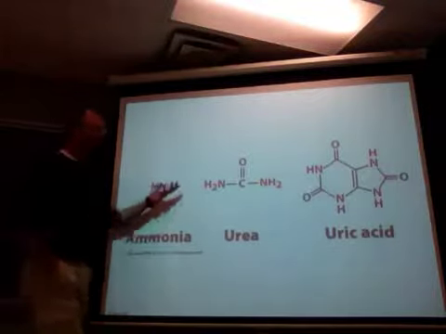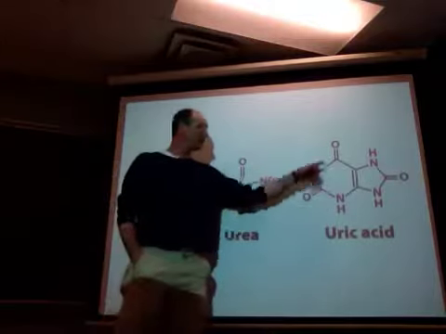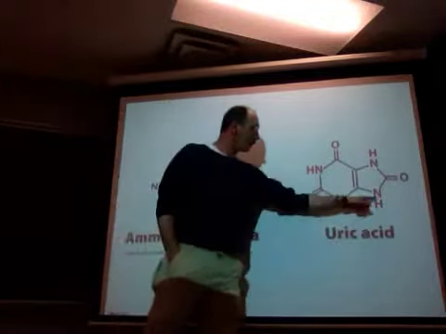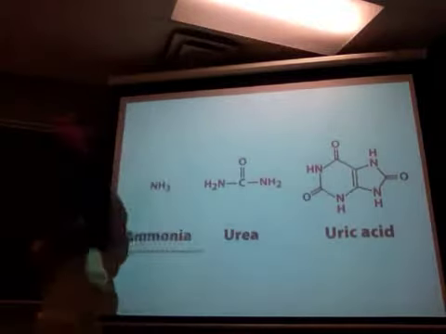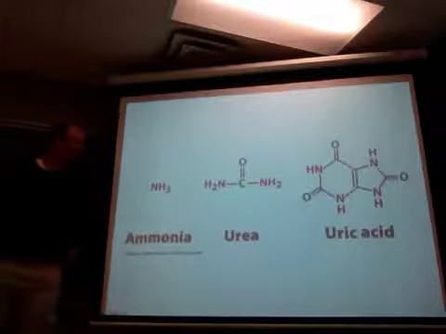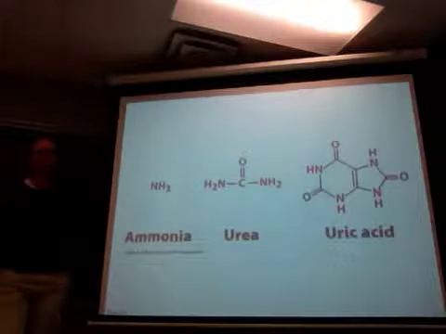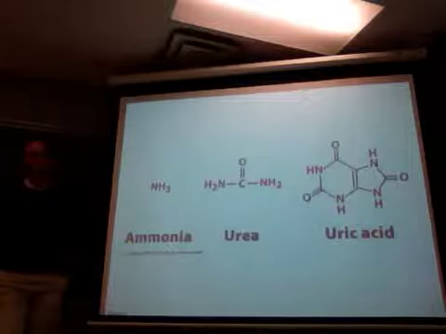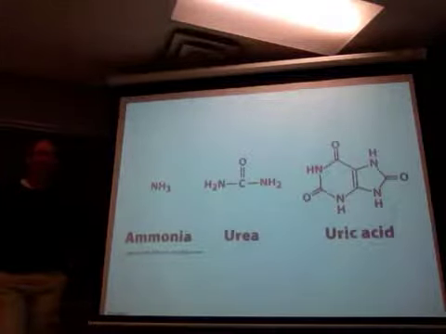Now, we're not going to get to talk about this, but uric acid is another form. And you see with uric acid, there's 4 moles of nitrogen per mole of uric acid. What kinds of organisms excrete their nitrogen primarily as uric acid? Birds. Yeah. That white pasty stuff on your car, that's uric acid. Right? What other group is closely related to birds?